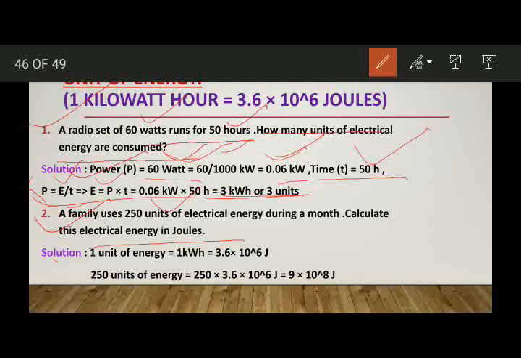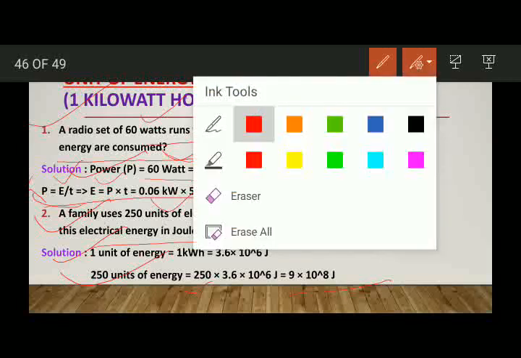So 1 unit of energy means 1 kilowatt hour, that means 3.6 into 10 raised to power 6 joules. 250 units of energy means 250 into 3.6 into 10 raised to power 6 joules, because when we have to find the value of larger quantities, we multiply. So we multiply 250 by 3.6 into 10 raised to power 6 joules, and we get the answer as 9 into 10 raised to power 8 joules. Hope it is clear.